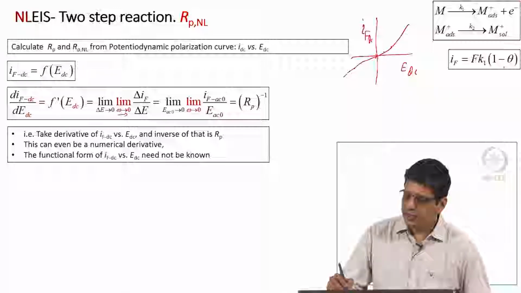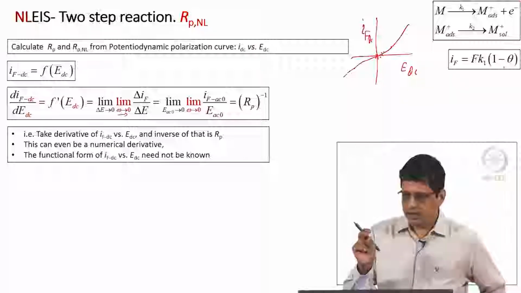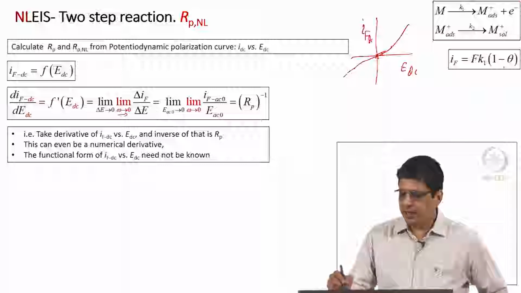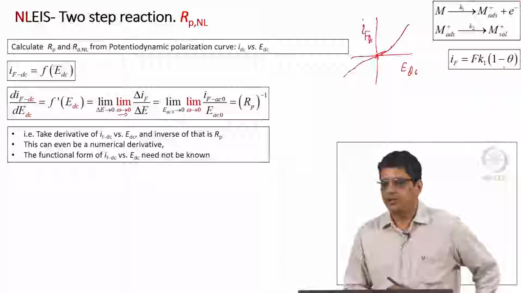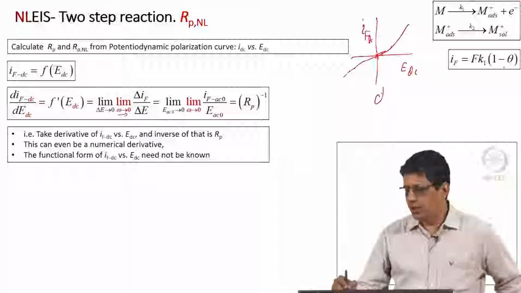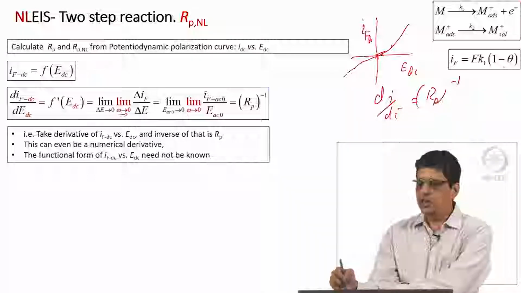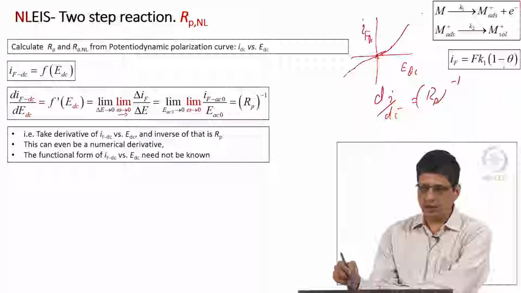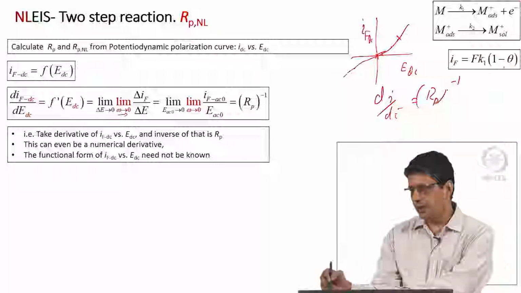Still, if I take the derivative here using numerical method, I can take 2 data points, find the del I_F by del E, that is find the value of the slope, that slope is going to be dI/dE, and that is going to be inverse of the polarization resistance. So, this curve which we call potentiodynamic polarization, the slope of that curve at any given point has to be equal to the inverse of polarization resistance.